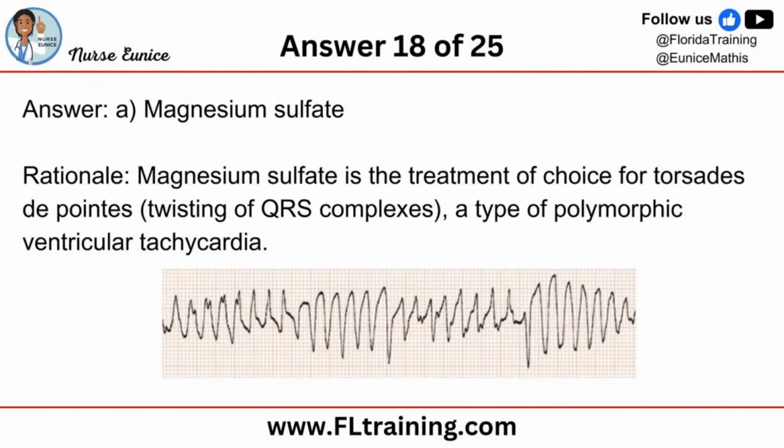And so we would give them magnesium sulfate intravenously. So mag sulfate is the treatment of choice for Torsades de Pointes or twisting of QRS complexes, a type of polymorphic ventricular tachycardia. Remember poly being many. So this tachycardia is generated from multiple spots within the bottom of the heart where the ventricles are.